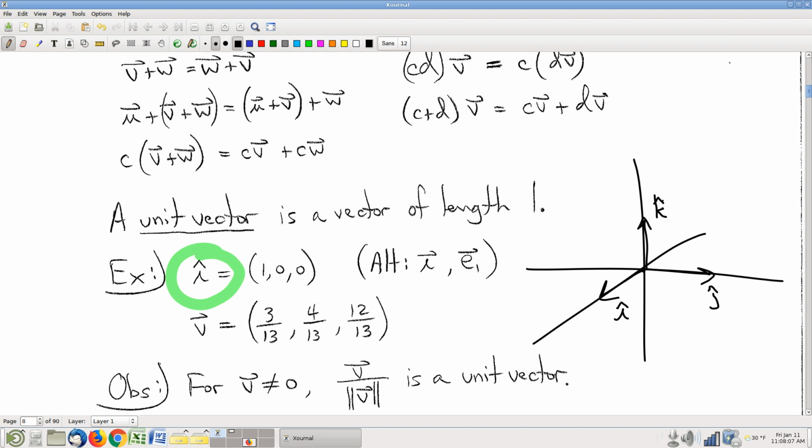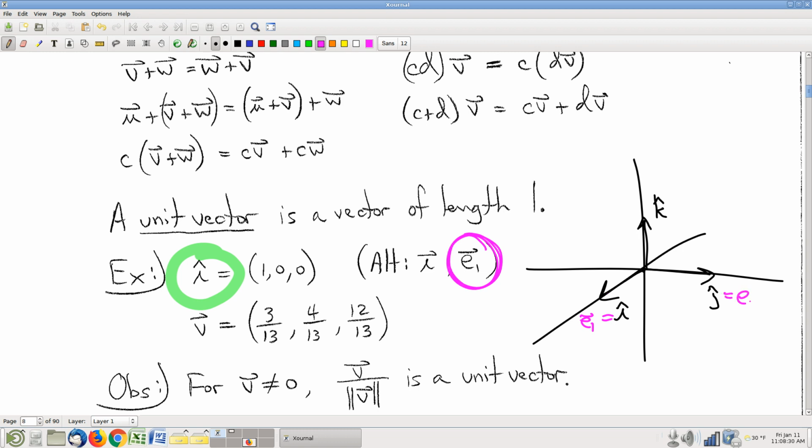The little hat is supposed to be a recognition for the reader that they're not just vectors, they're unit vectors. Okay, that's fine. I have a different preferred notation for this. By the way, very standard. I did not make this up. But instead of calling this I, call it E1.